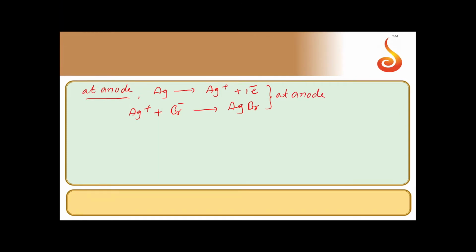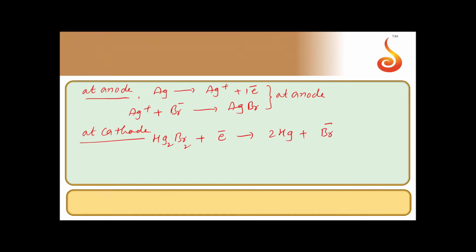When it comes to the cathode, the electrons should be taken up by the cathode here. So here mercurous bromide is the electrolyte used. So Hg2Br2 is taking electrons, giving rise to mercury liberated plus Br minus ions.